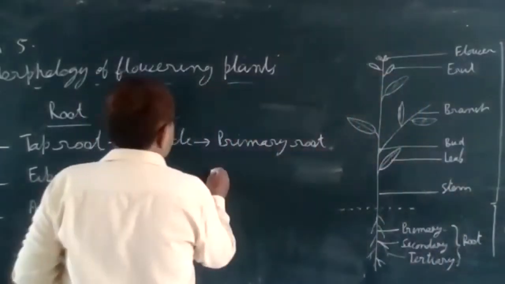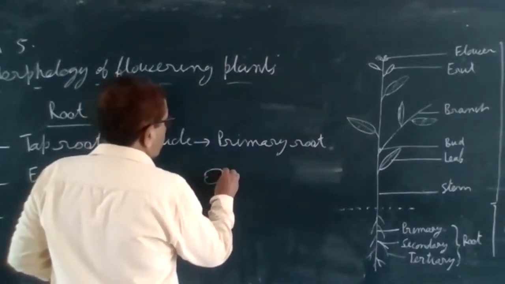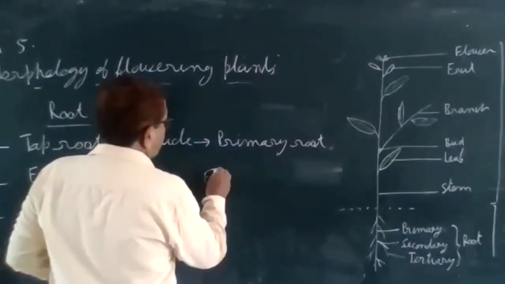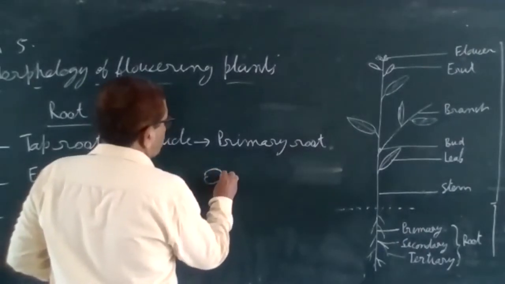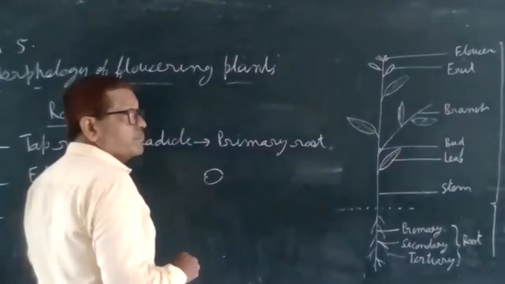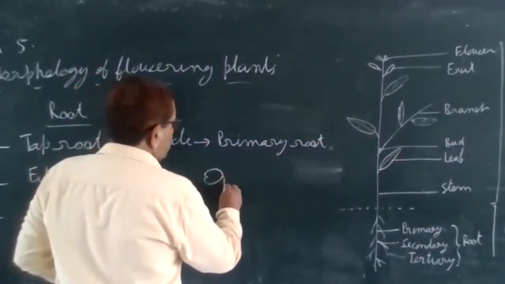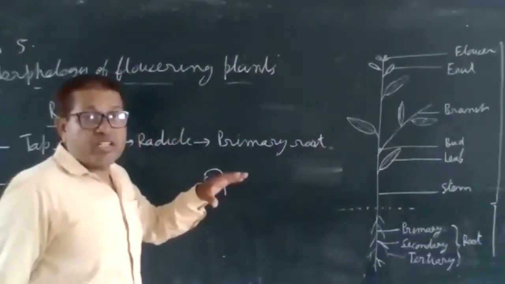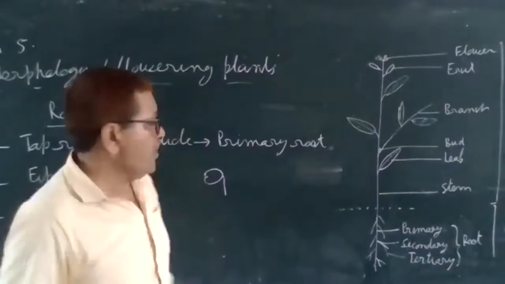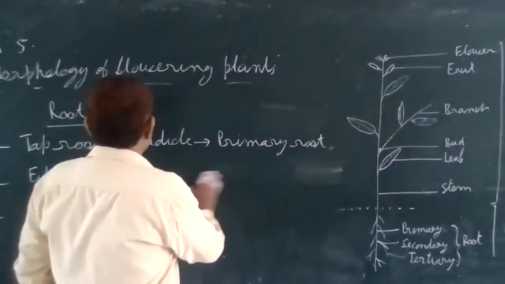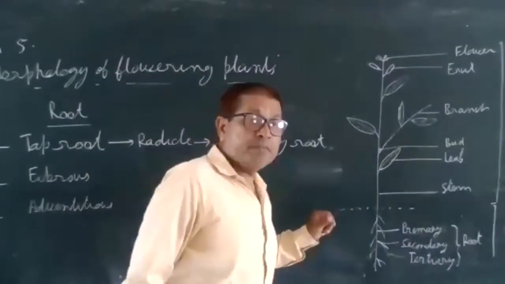You have seen the structure. Suppose this is brown, and here such a structure is coming out, a white colored structure. This structure develops to produce the primary root. So we are studying that the radicle develops into the primary root.